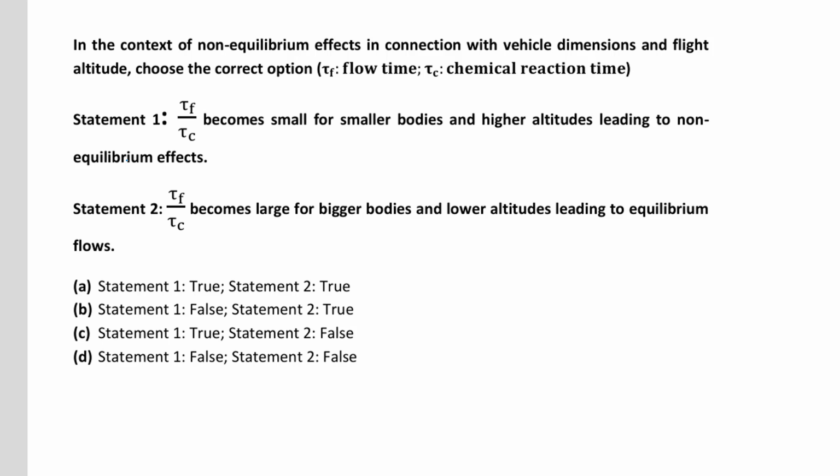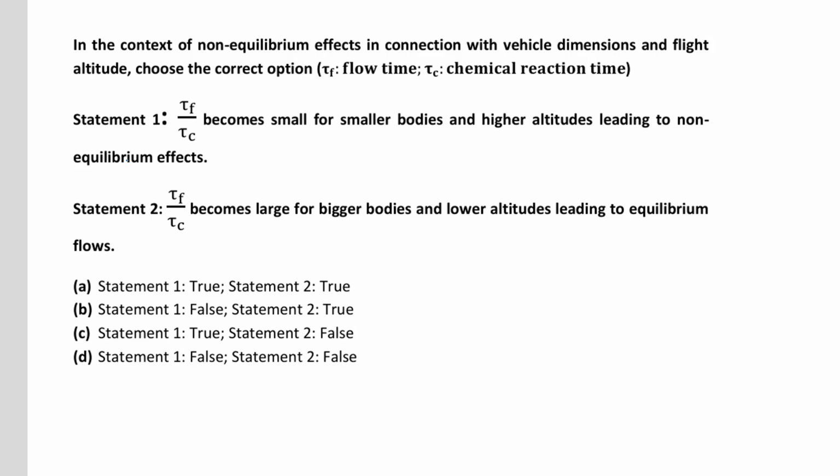In the context of non-equilibrium effects in connection with vehicle dimensions and flight altitude, choose the correct option. Tau f is flow time and tau c is chemical reaction time. Statement 1: tau f upon tau c becomes small for smaller bodies and higher altitude, leading to non-equilibrium effects.